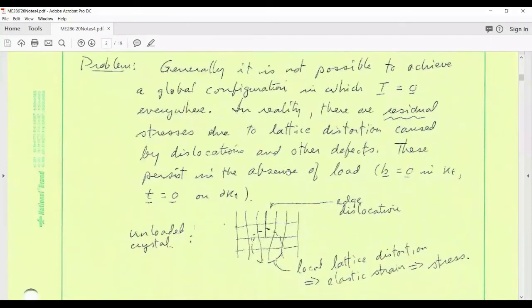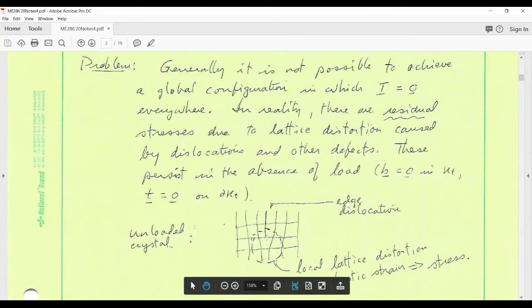And the reason is precisely that, due to plasticity, we can have dislocations in the material. In reality, these dislocations generate residual stresses that remain even after we remove all the loads from the body, the traction and the body force. For example, an edge dislocation will induce a lattice distortion in the neighborhood of that point there, which we call the core of the dislocation.